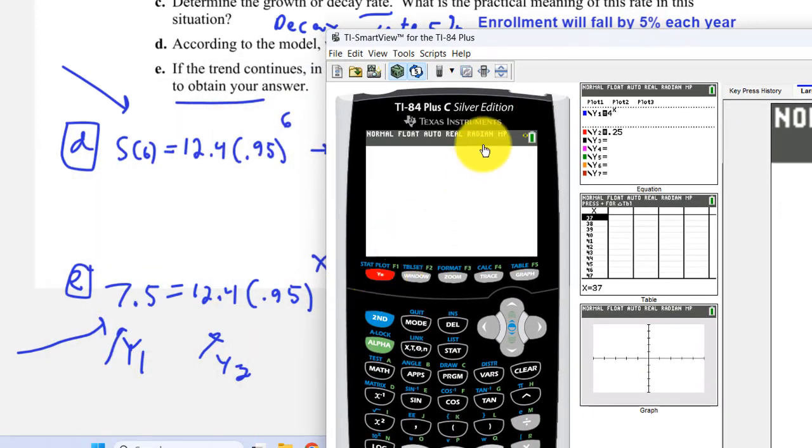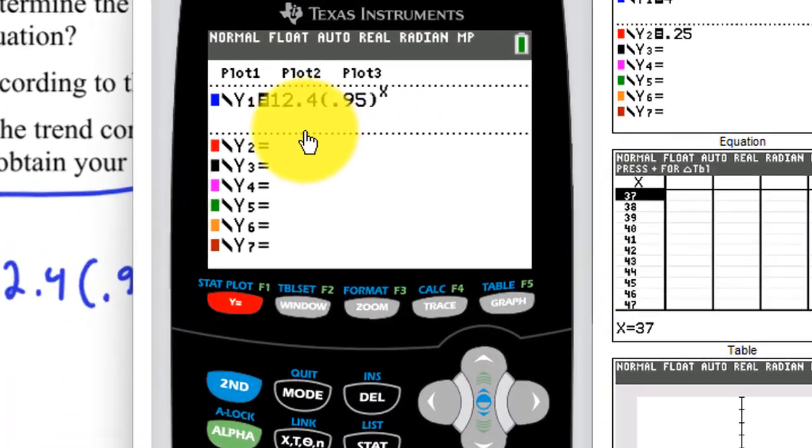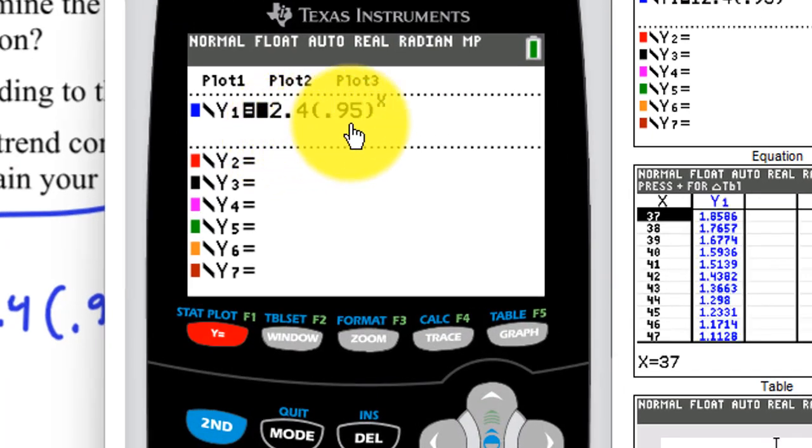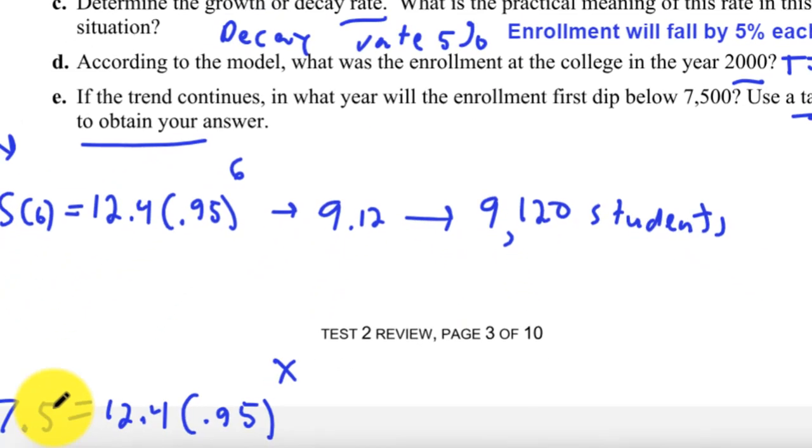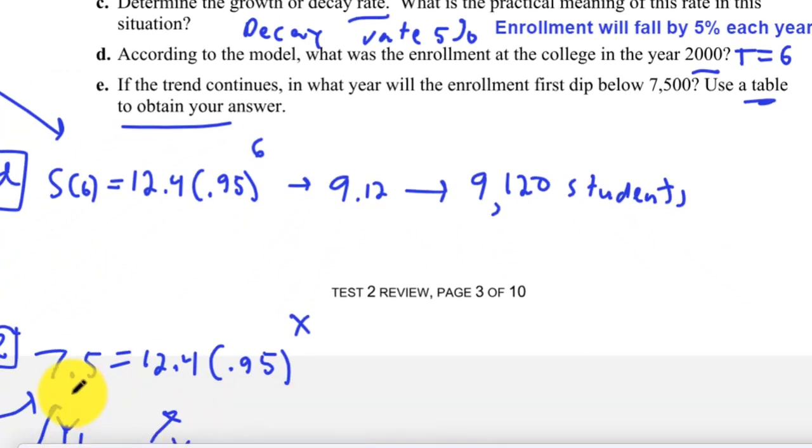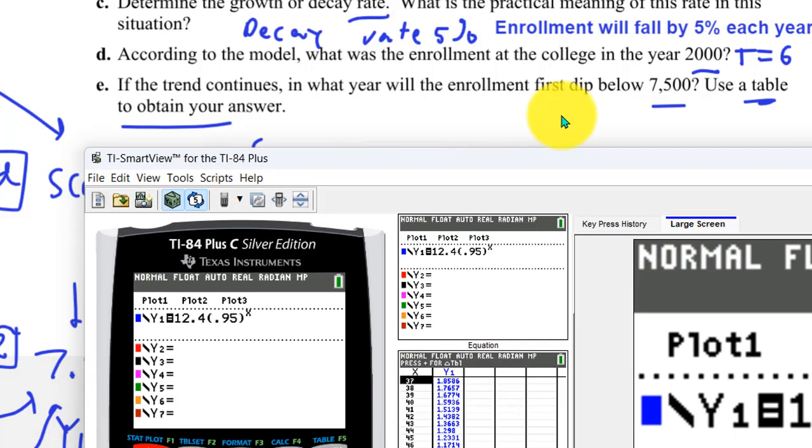So what we'll do is we'll put our equation into y1, the 12.4 times 0.95 raised to the x. The x is what we're trying to find. We want to know what value of x will give us a value of 7.5, because remember, this is in thousands. So 7,500 is equal to 7.5 in thousands.